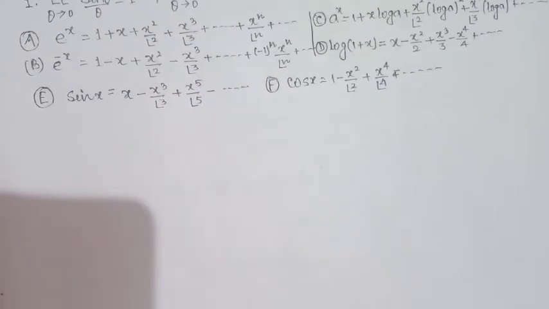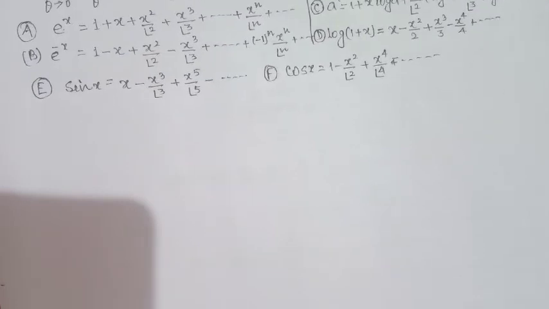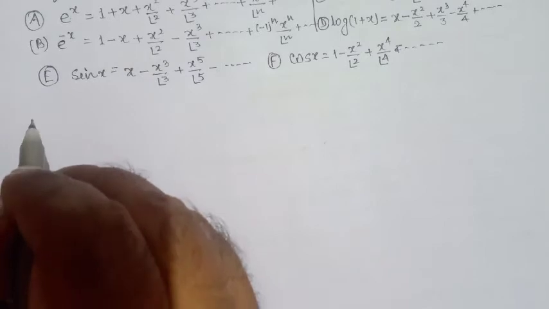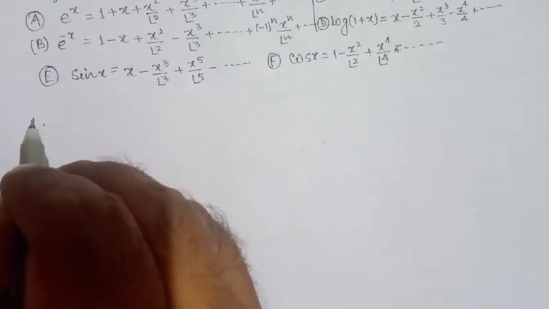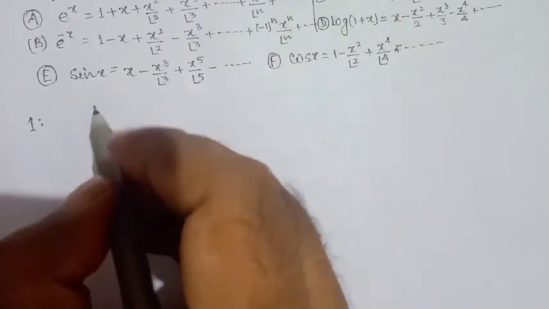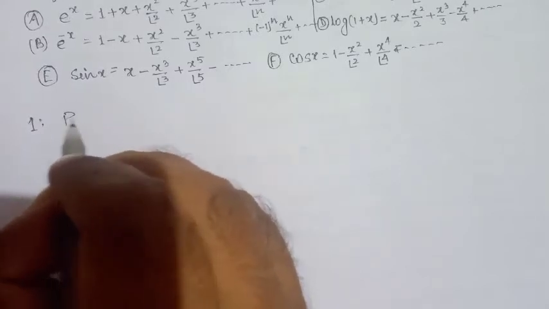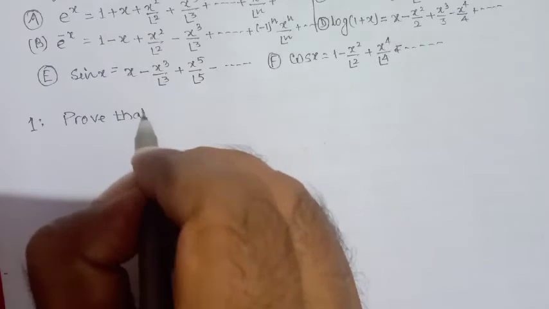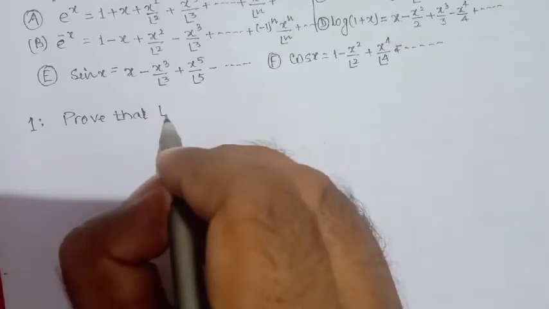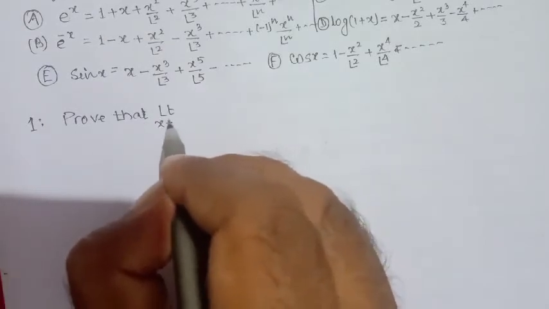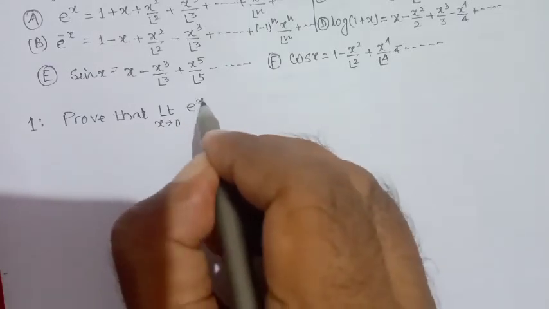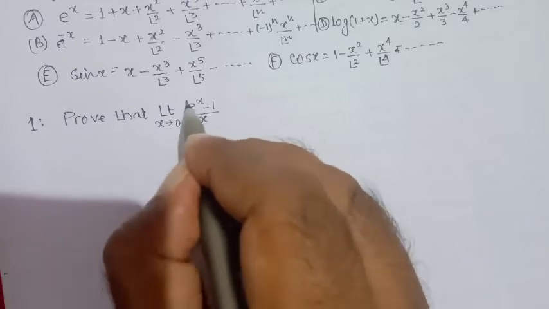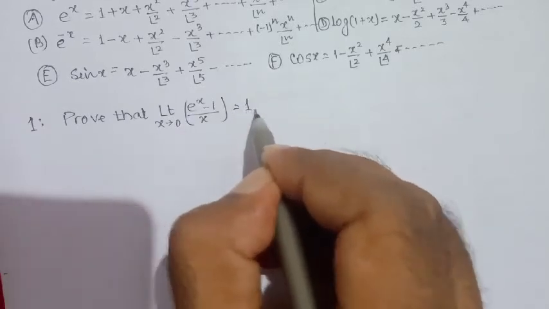These problems are not only problems but also called theorems, so you must derive them. The first one is: prove that limit x tending to 0, e to the power x minus 1 upon x is equal to 1.